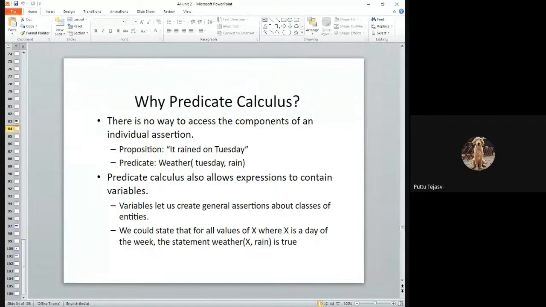We will be guessing, ma'am, whether it will be happening or not. Yes, you want to identify whether it will be happening or not. So my statement is: it rained on Tuesday. Here you are predicating that Tuesday is rain. So this is something you identify from the given statement.